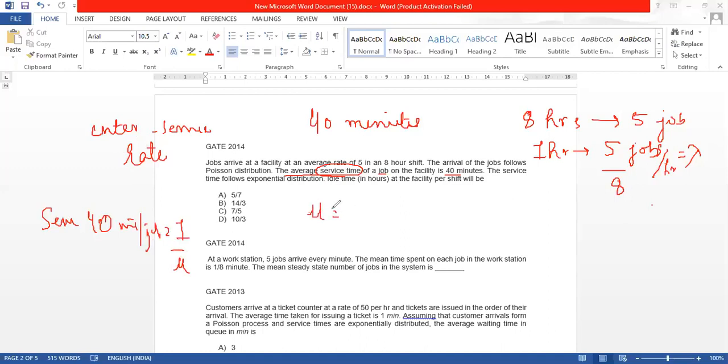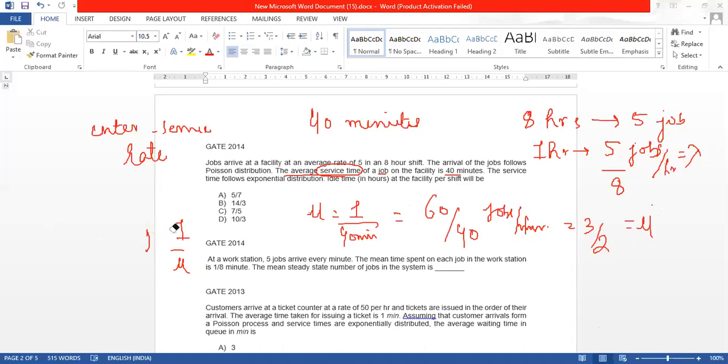Therefore, mu will be 1 by 40 per minute, or we can say 60 by 40 jobs per hour. I have converted it to hours. That will be equal to 3 by 2. This is the service rate. Mu is equal to 3 by 2.